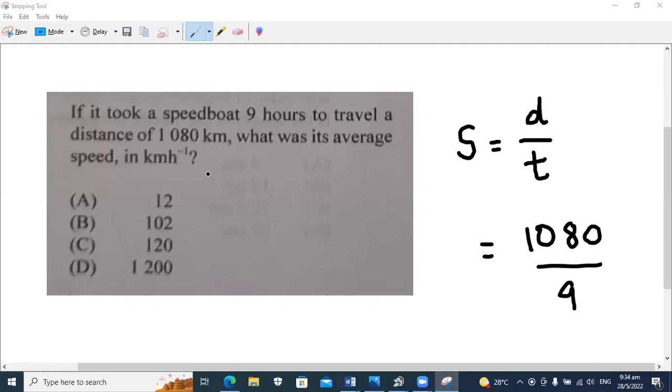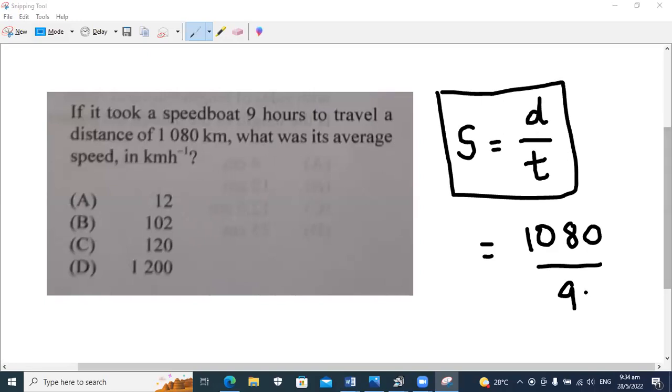What was its average speed? So there's a formula. Average speed is distance traveled divided by time taken. So the distance traveled is 1080 divided by 9. Remember, it's multiple choice. So how do you compute that without using a calculator?